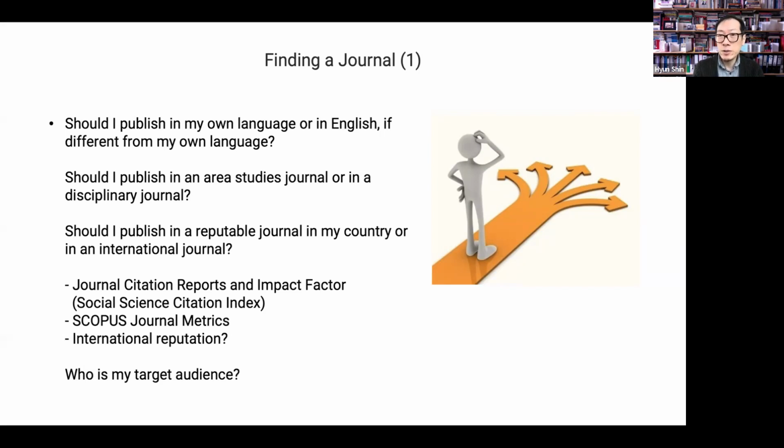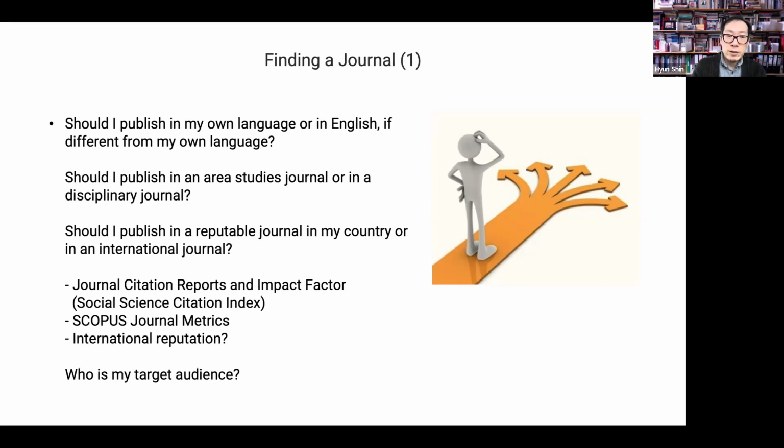So it is useful to look at both metrics for practical considerations, while at the same time you ask around your more experienced colleagues to see whether the journal you have identified is actually the right journal for your own need.